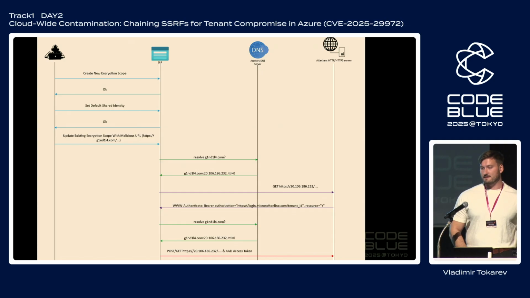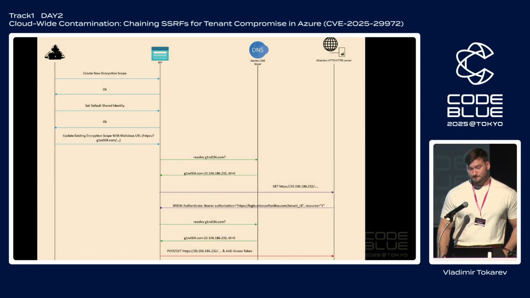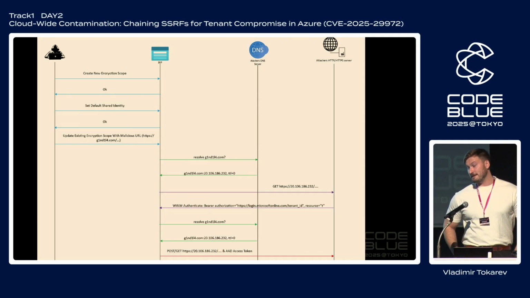Now, let's talk a little bit about how the full attack looked, right? So first, we had the attacker creating a new encryption scope. Then they set the default shared identity. And then they updated the encryption scope, which basically meant merging the default identity URL into the encryption scope, which then resulted in the SSRF being triggered. And then we had DNS resolved for the Gandalf domain.